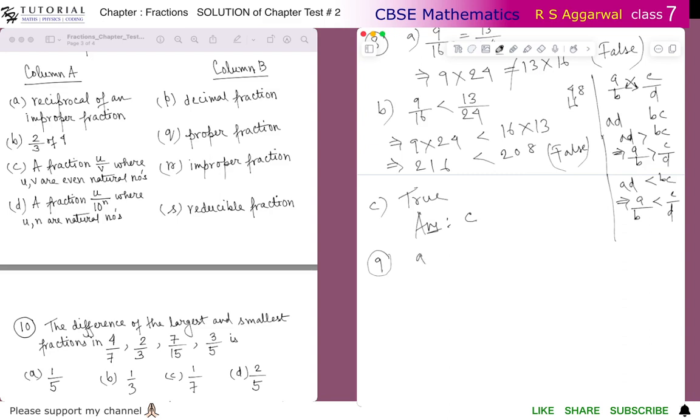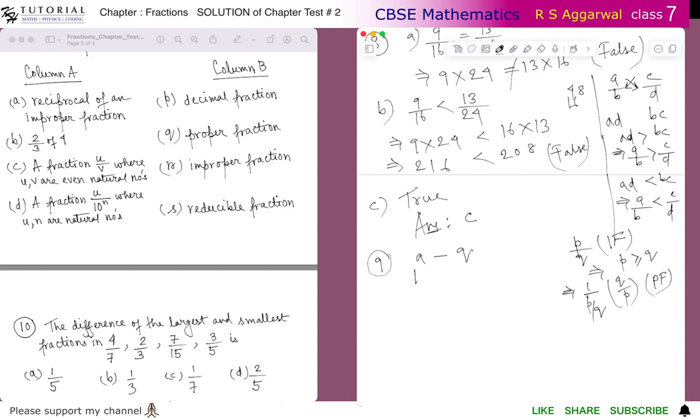So A must go with Q. The reciprocal of an improper fraction P by Q, writing IF in short for improper fraction, implies that definitely P is greater than or equal to Q. So the reciprocal is Q by P, where Q is definitely less than P. So this becomes a proper fraction. So A must go with Q.